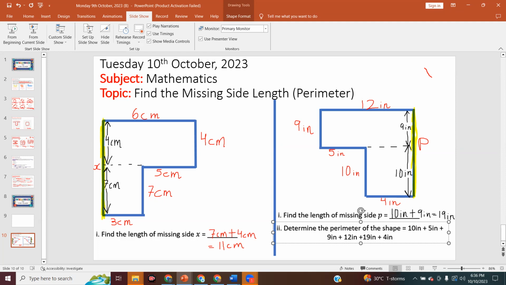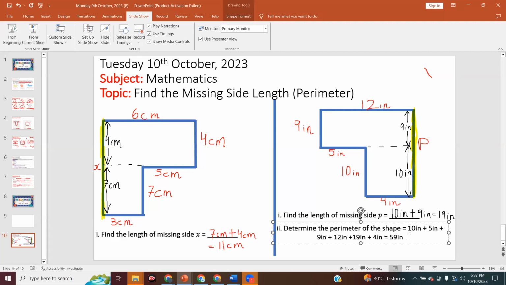Plus 4 inches. And so if we add 10 plus 5 plus 9 plus 12 plus 19 plus 4, we get 59 inches.